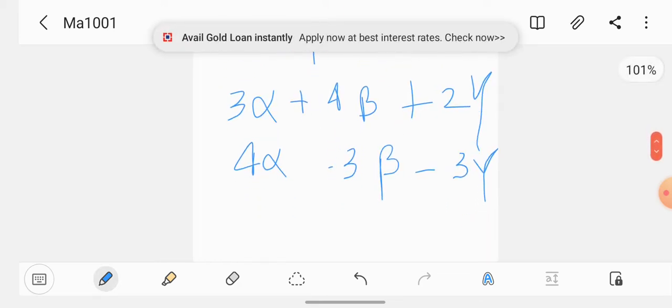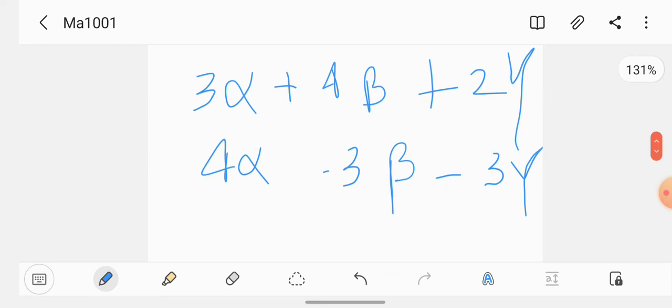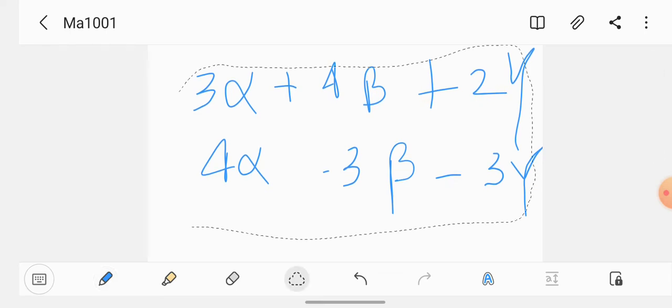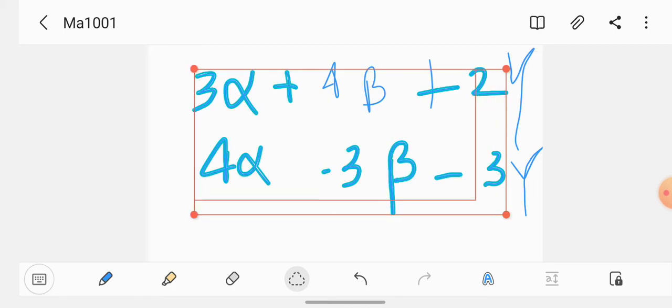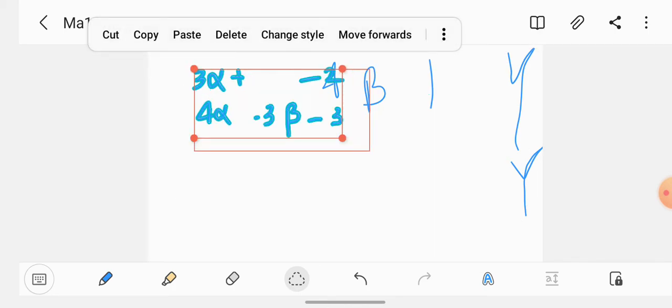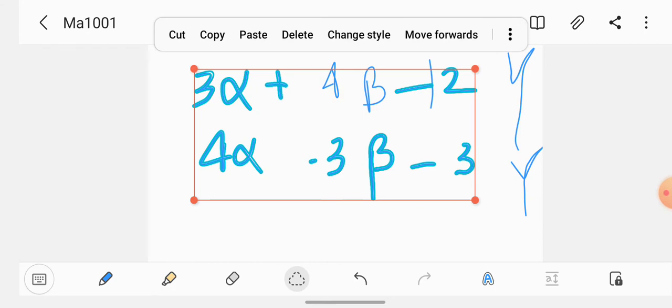So we get these equations, and all of them are equal to 0.